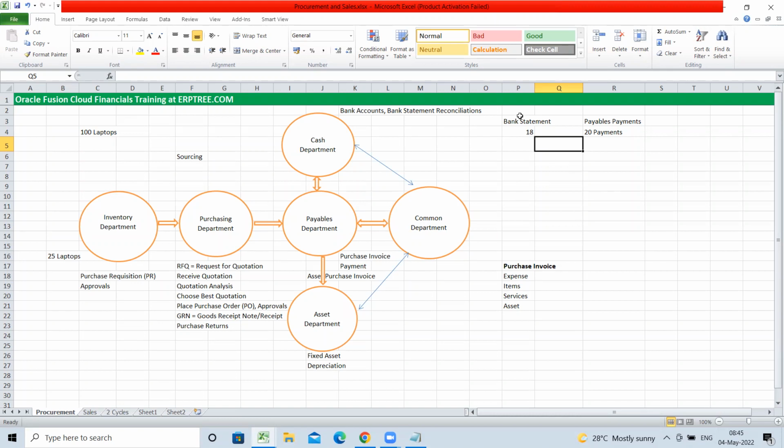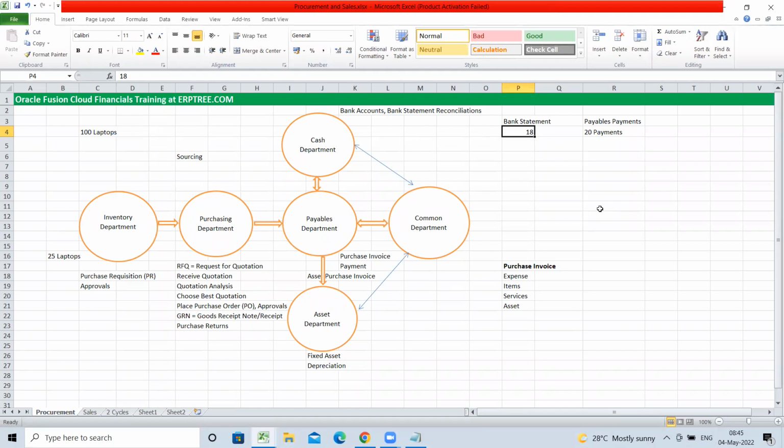As per the bank statement, they can see only 18 payments are processed, but the payables department is saying they processed 20 payments. Yes, the payables department processed 20 payments, but the 20 payments are not yet cleared in the bank. Only 18 payments cleared. Say they gave 20 checks to the suppliers.